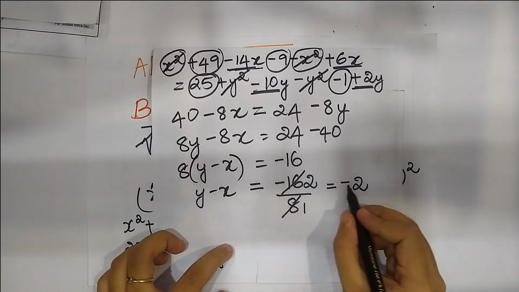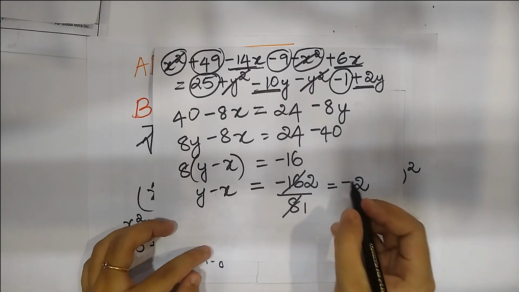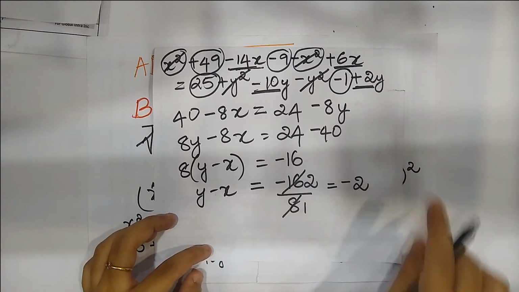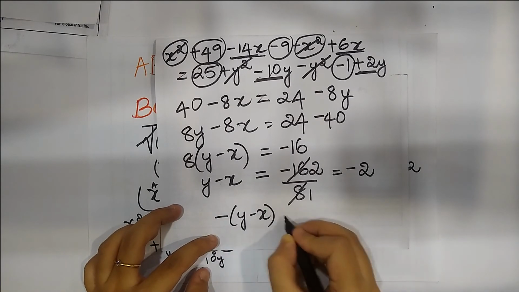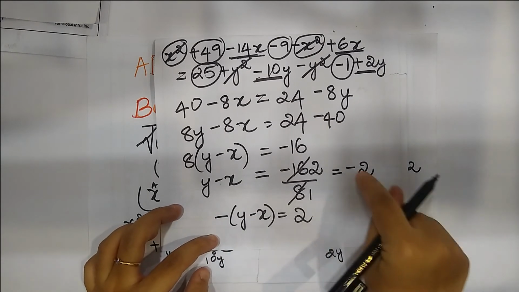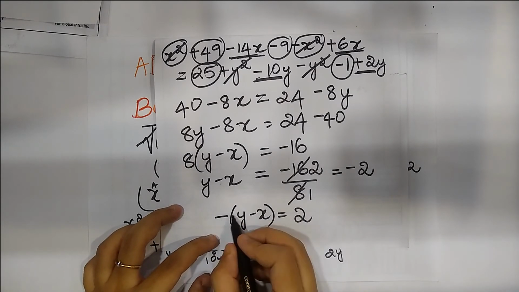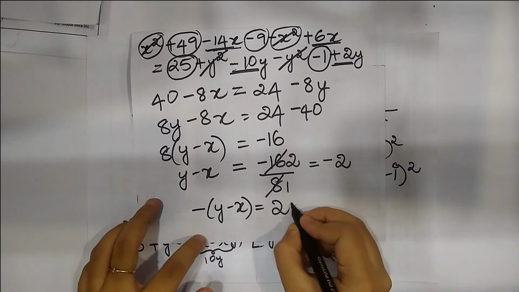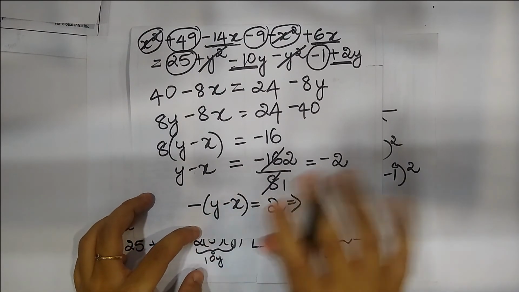If you want to get rid of this minus, you can take it to the other side. So the minus will go on the other side and it will become positive 2. So it will be minus of y minus x is equal to 2, because I just took negative and placed it on the other side. Now this minus will have to be multiplied with y and x. So minus y will be minus y.